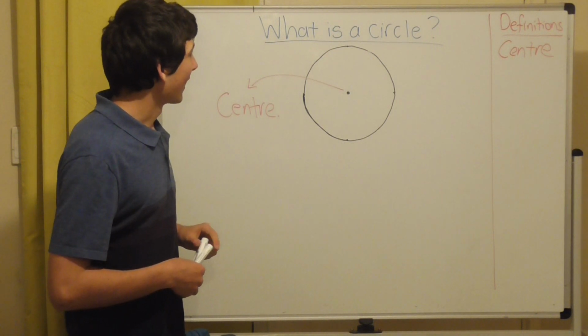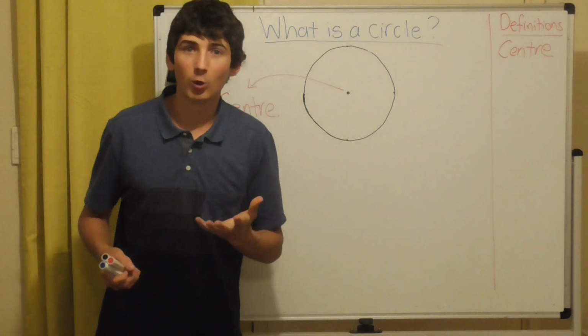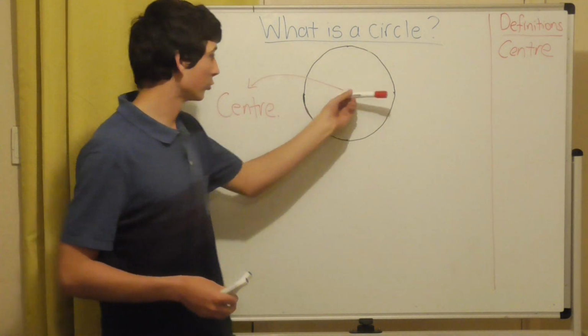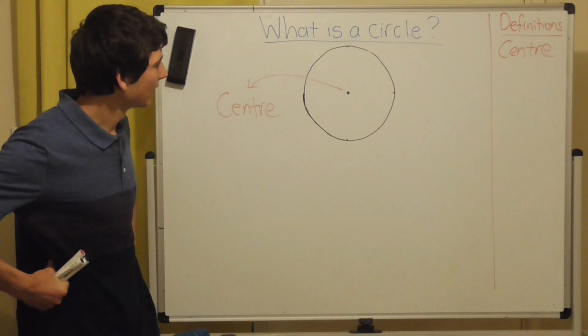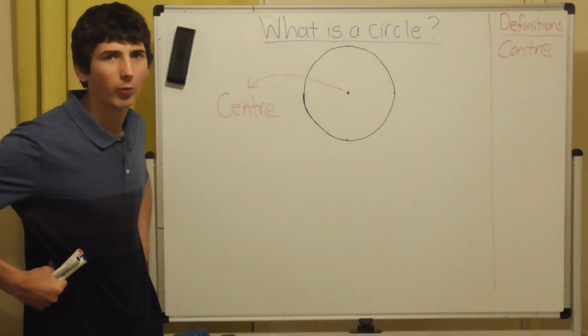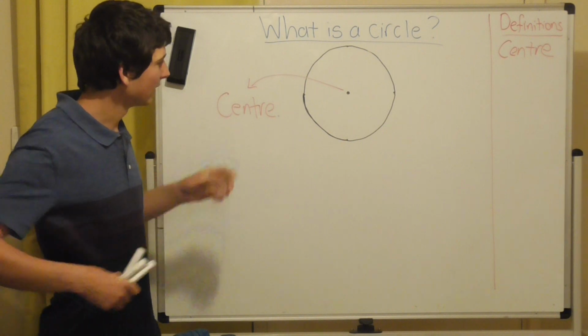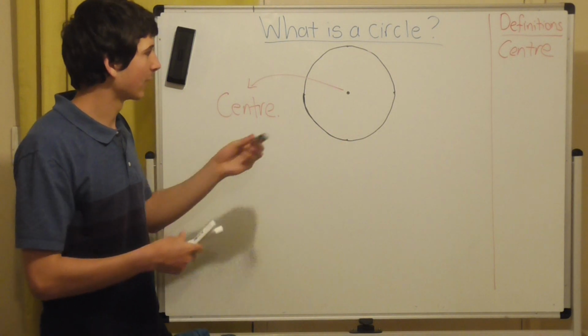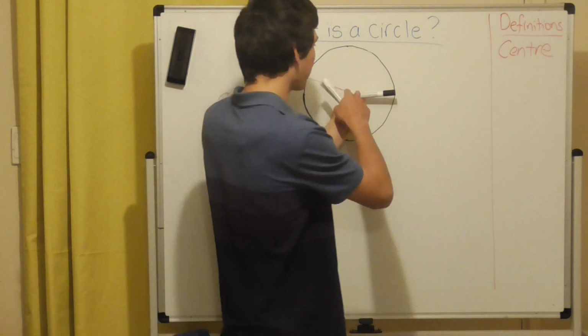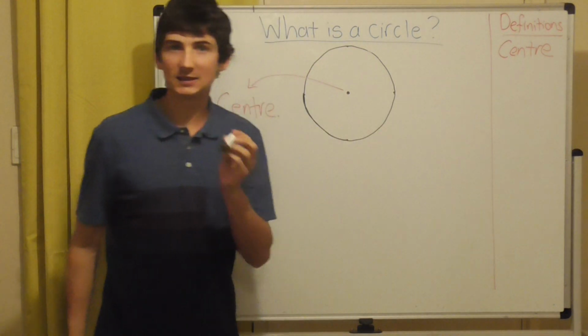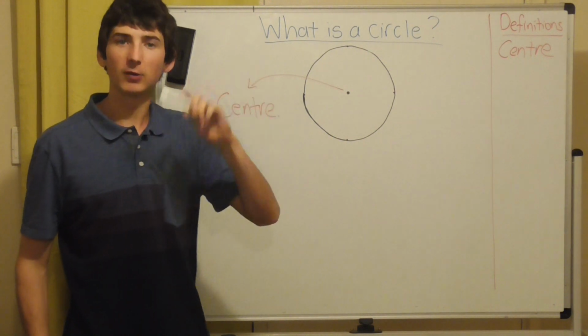So, okay, we've realised how you make a circle, that's good that we know. We know that you need a centre. What do we also need? We need that distance from the centre to the outside, and then we need to spin it around.